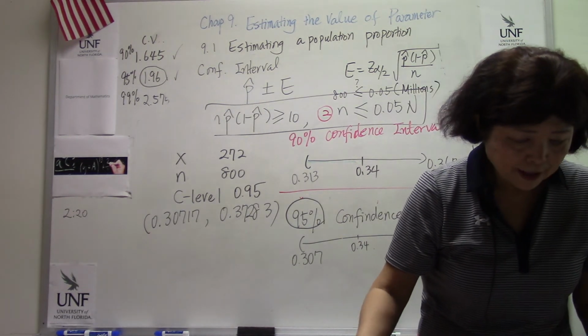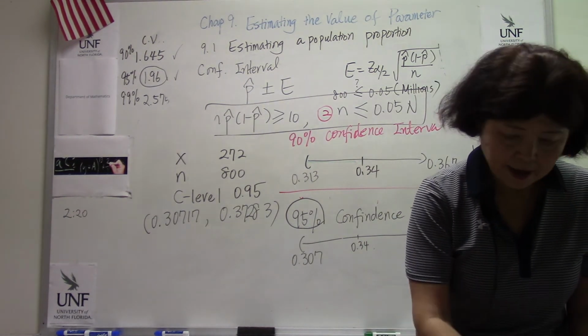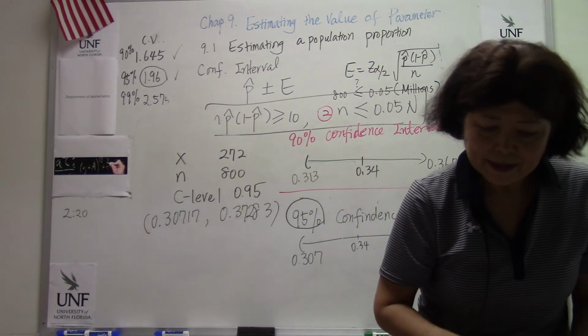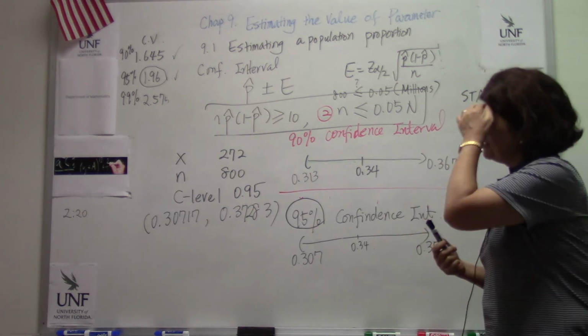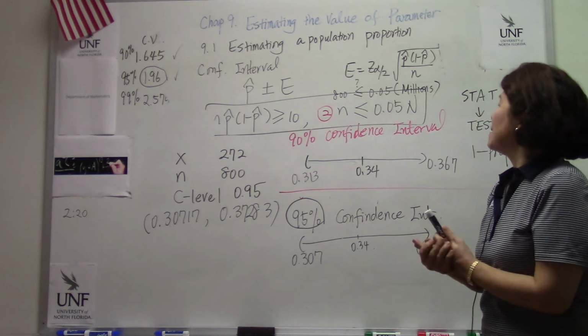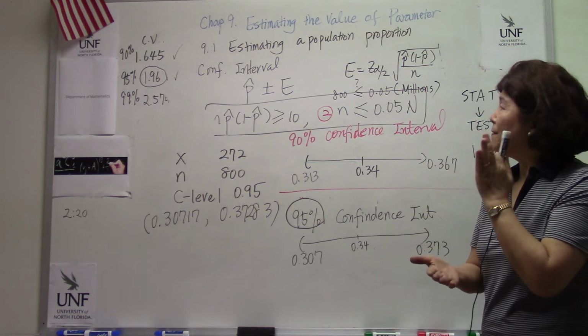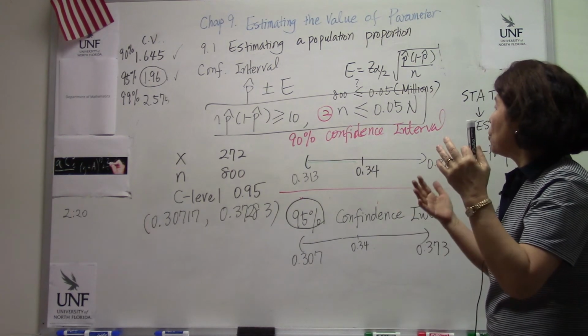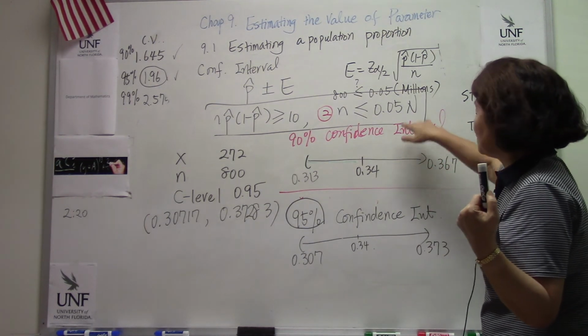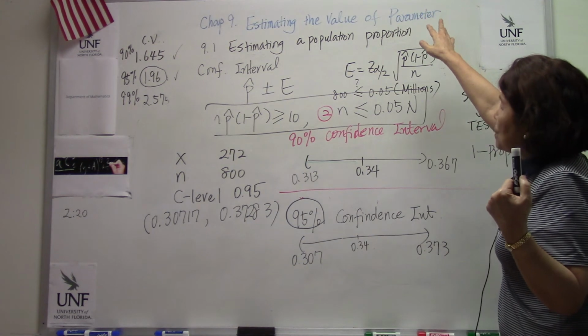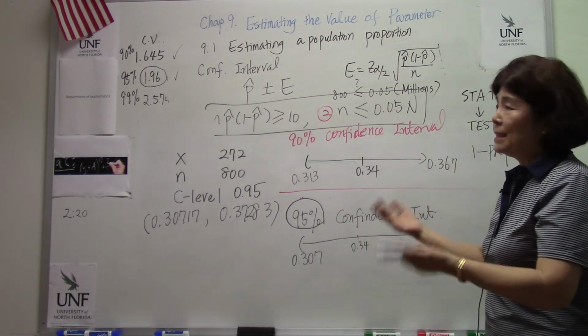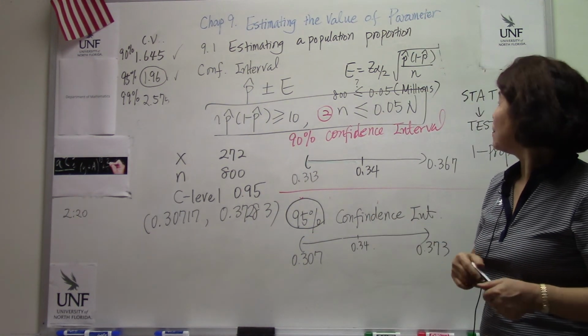The next one is how we find the sample size. In other words, the confidence level is given. Under that given confidence level, in order to obtain this interval, what is going to be the sample size we have to satisfy? You know what I mean?